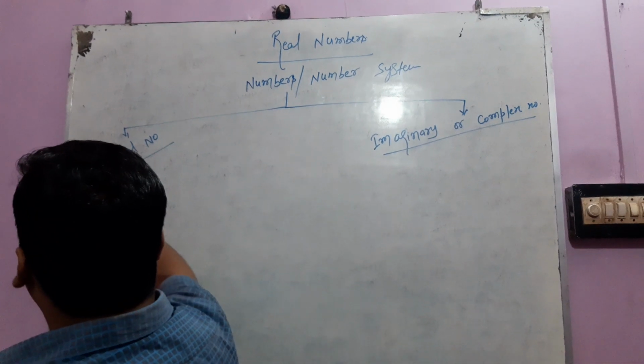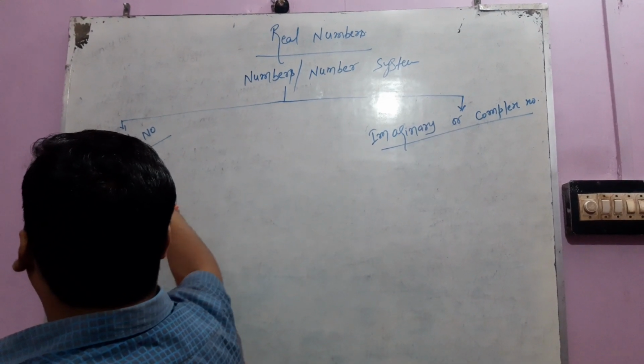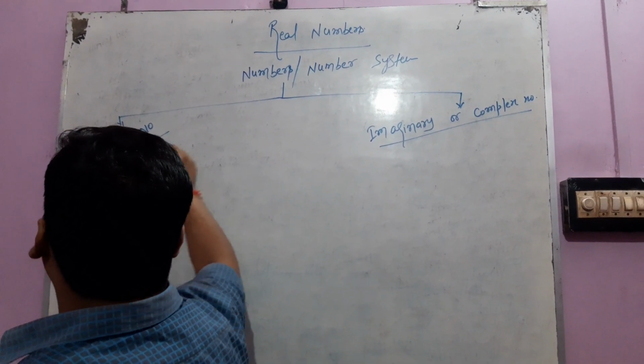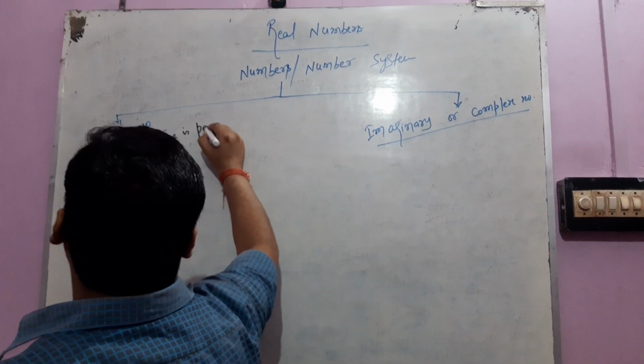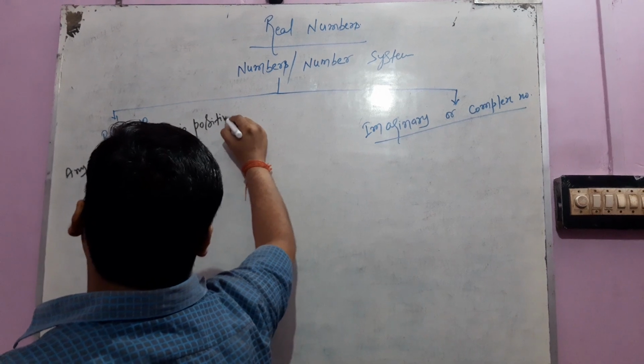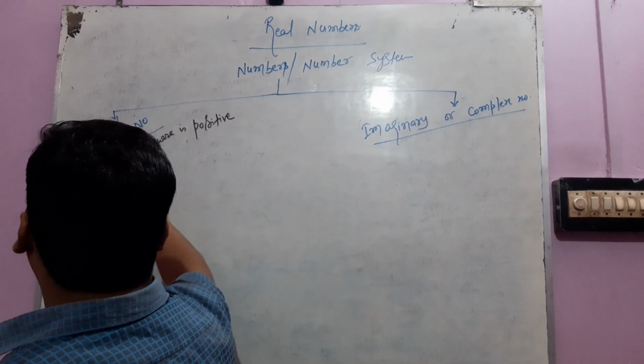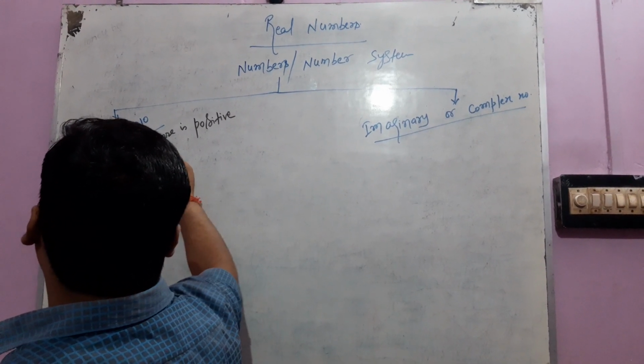Real number: any number whose square is positive is called a real number.